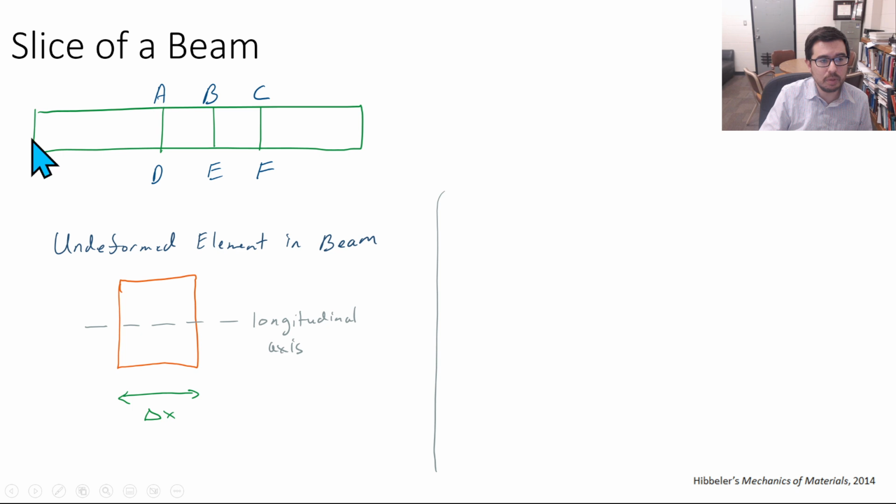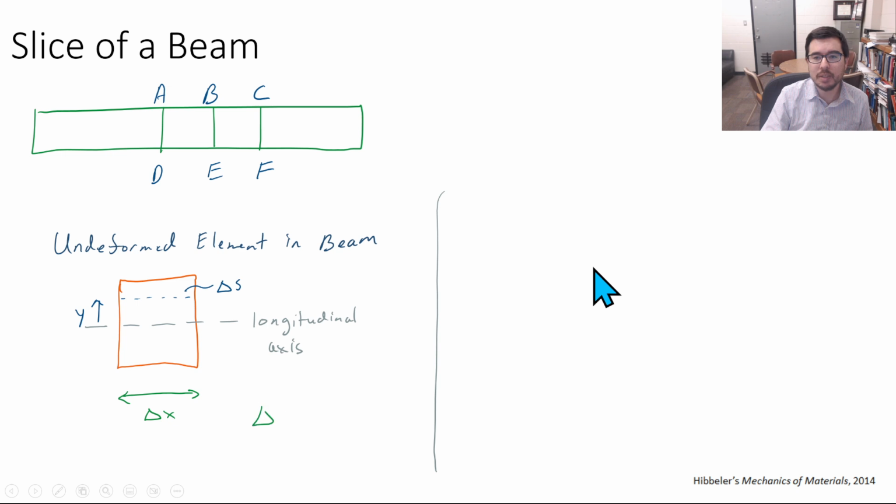It's the one that's going through here, as you see here. And we can say that delta x is the initial width. And then we can also say that there's a delta s at some distance y from the longitudinal axis. So here, delta s and delta x are equal because this is an undeformed state. And as I change y, delta s is not going to change.